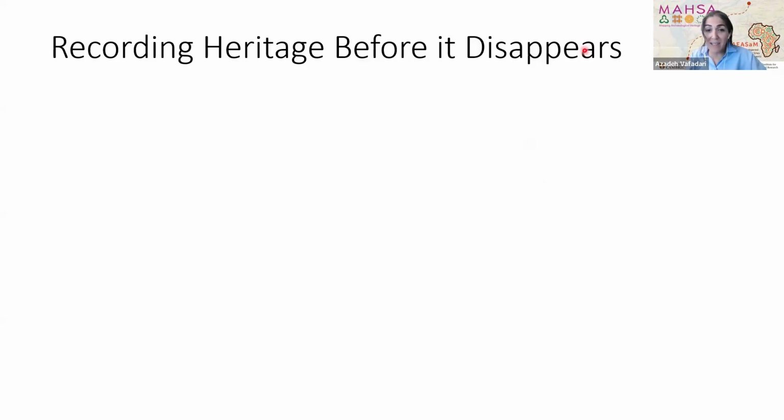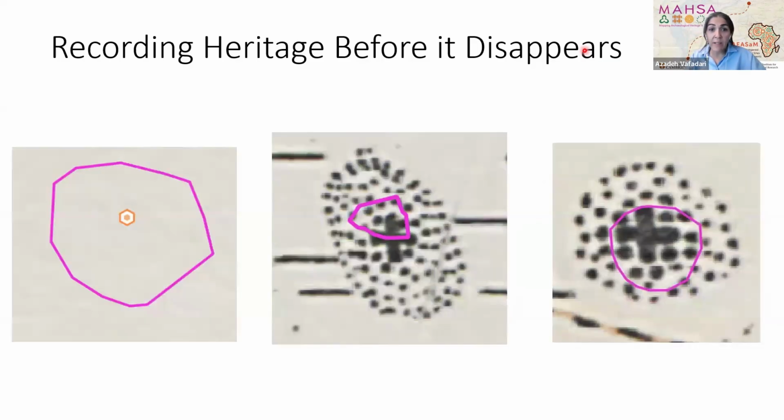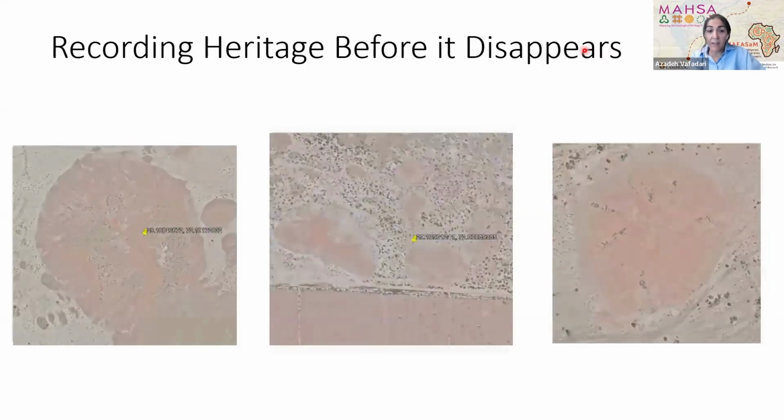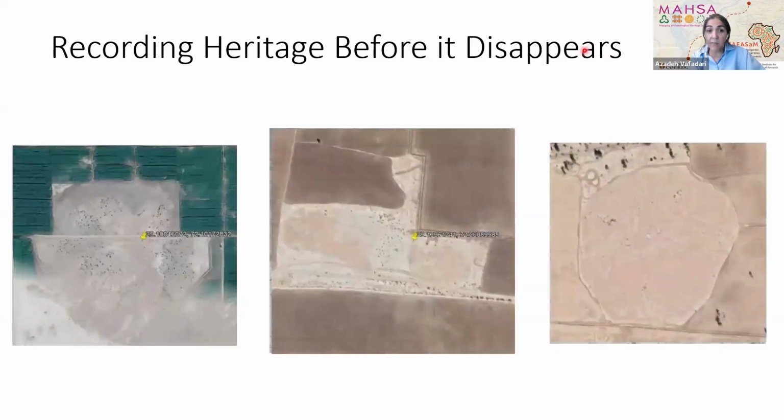And as I said, one workflow or aim of the project is to record heritage before it disappears. So we find these sites on the maps, either manually or using machine learning, and then look at their condition using remote sensing and satellite imagery to see if there are any threats, as you can see in the two on the left and the middle one, agricultural land expansion.